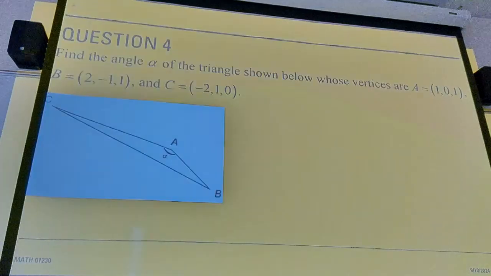Find the angle alpha. And you can't assume it's drawn to scale. You can't just assume that's obtuse. For all you know, that could be a right angle. How are we going to tackle this?